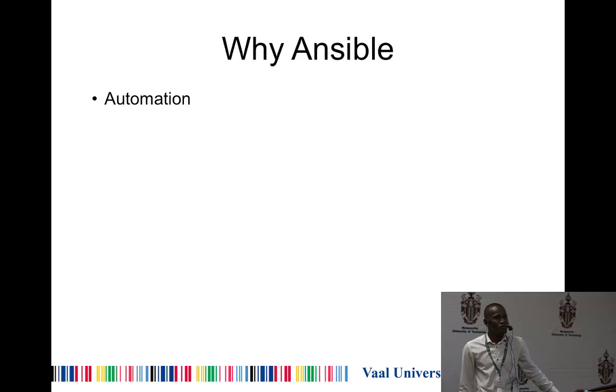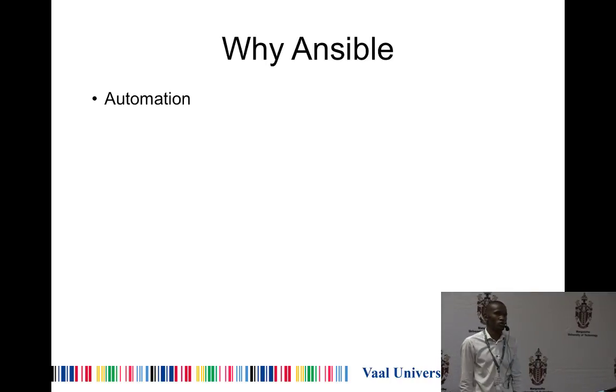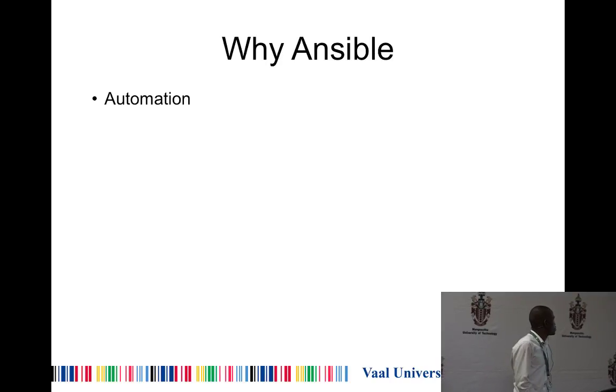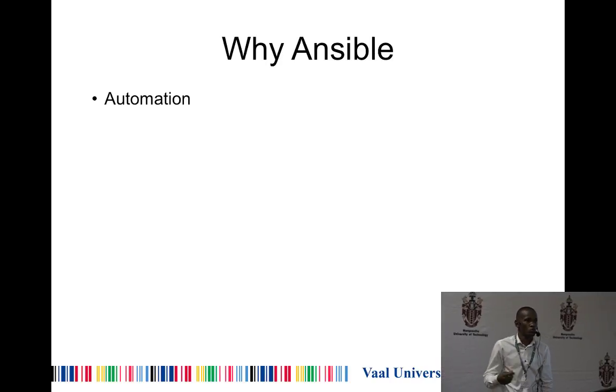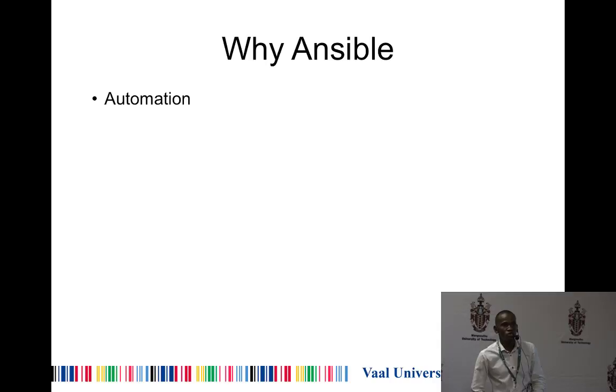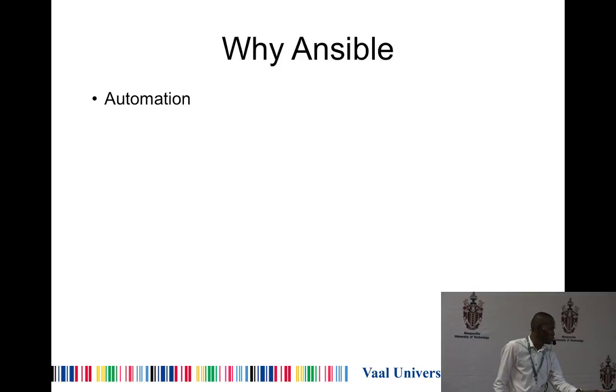So why Ansible? One of the key things one of my colleagues was talking about today is planning for automation. One of the reasons for us to use Ansible is we really want to automate things, and as I mentioned in our journey, our way of doing things was really manual. So Ansible provides us with a way of automating things.